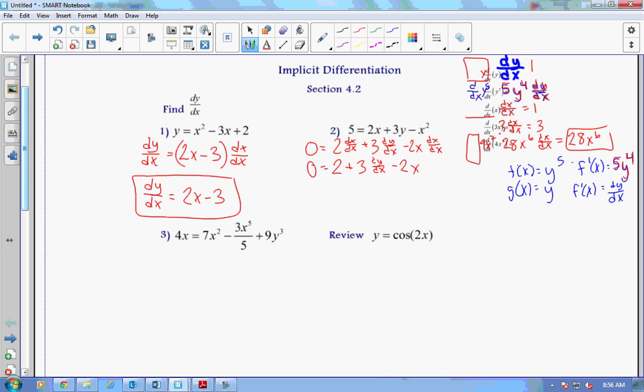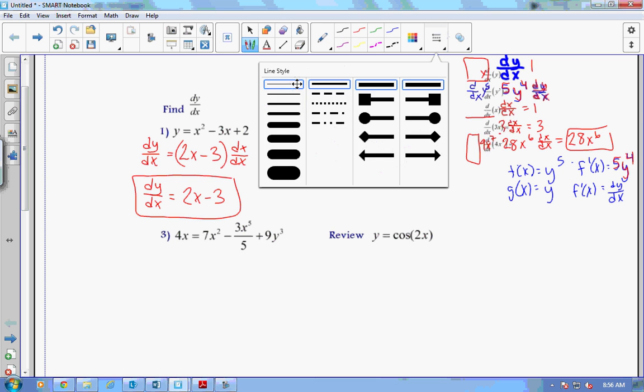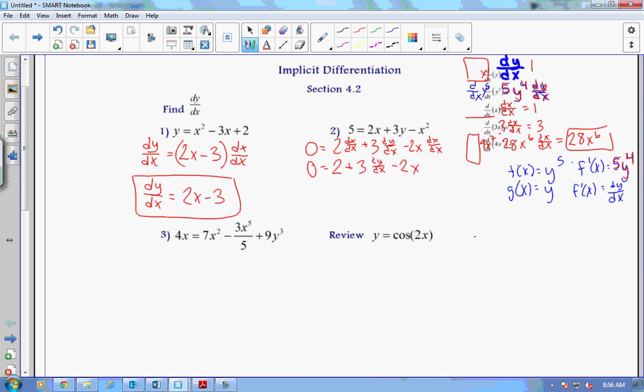Okay, I think we're almost there. Okay, Howard, what did you do first to isolate dy dx? You could have also chosen to subtract 2 and add 2x, right?